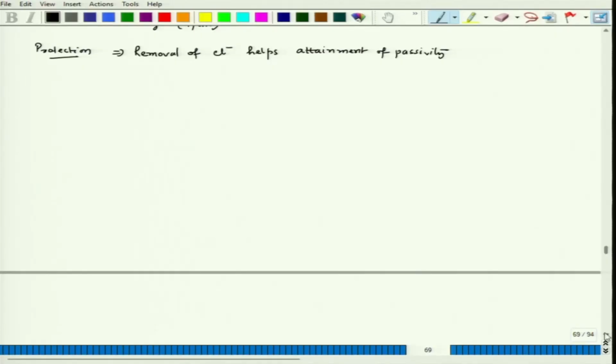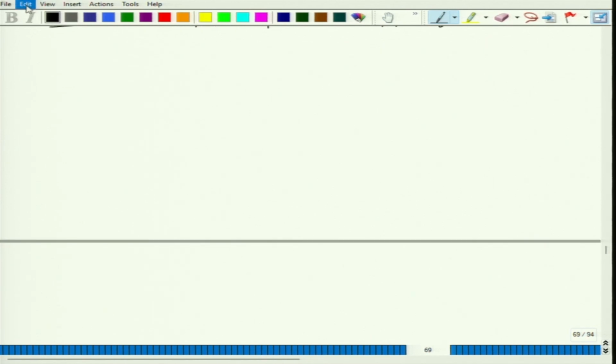So, that chloride ion of course will be present, but in a situation where there is a possibility of removal of chloride ion and there is a system where chloride ion presence even in a small amount would affect the corrosion rate hugely, or rather increase the corrosion rate or prevent passivity attainment, in that case it is better to remove chloride ion. Fine. So, now let us look at one more instance where we talk about removal of oxidizer.